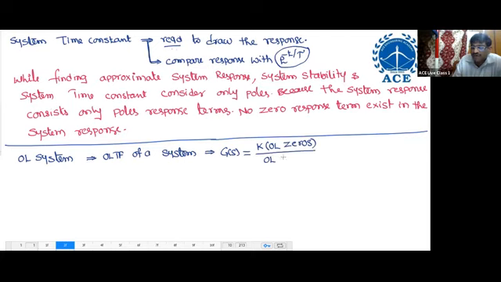Instead of writing K into (1 plus S tau 1)(1 plus S tau 2) and so on, divided by S power n into (1 plus S tau 1), I just wrote open loop zeros by open loop poles.